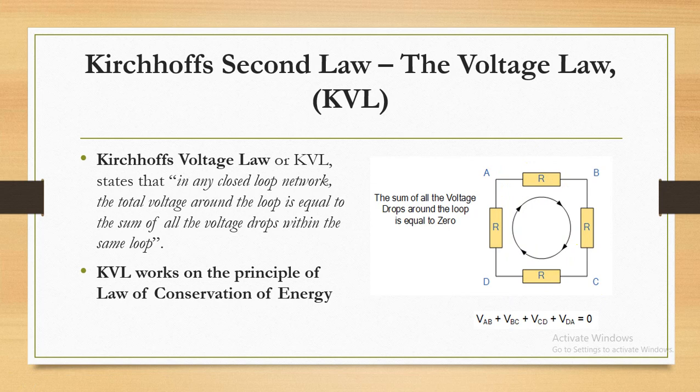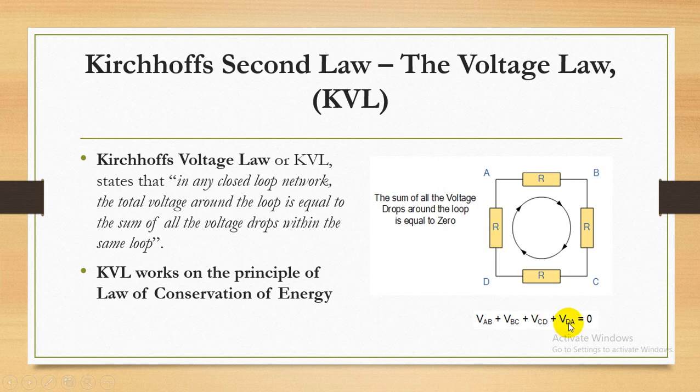So the voltage drop across the resistor connected between A and B is VAB, the voltage drop across the resistor connected between B and C is VBC, the voltage drop across the resistor connected between C and D is VCD, and the resistor connected between D and A, the voltage drop is VDA.